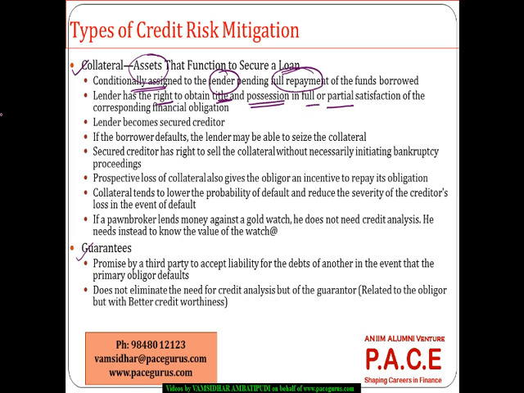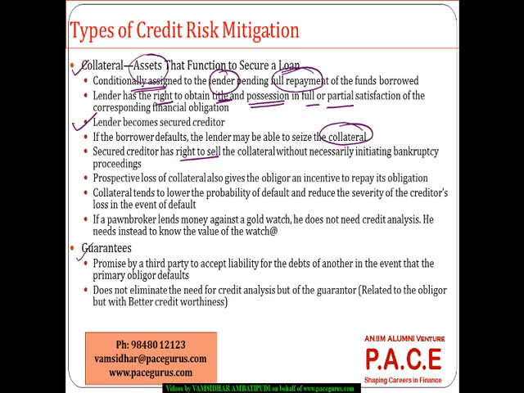So if I don't pay, to the extent that I have not paid, the lender has all the right to get the title and the possession of that particular collateral. In a way, the lender is becoming a secured creditor there, because even if I don't pay, he is not losing out fully on that. He can very well seize that collateral and sell it without even initiating the bankruptcy proceedings.